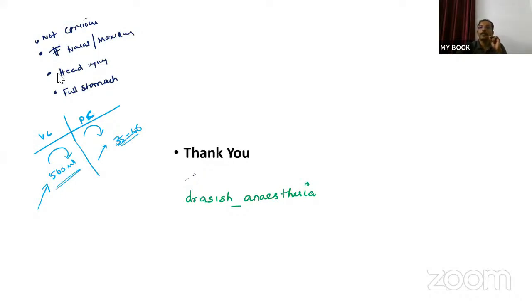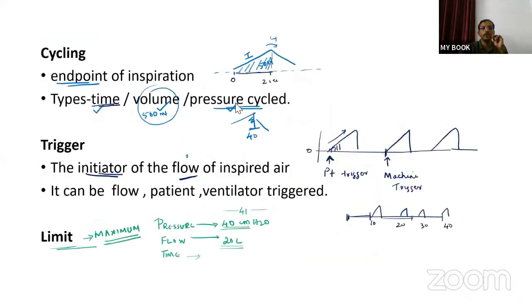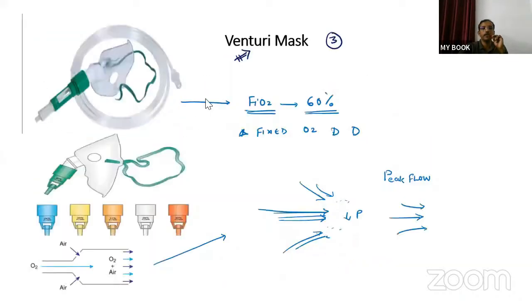Why does a Venturi mask have different colors and what do they indicate? Dr. Roshni, if you look into the slide, I'll show you. Yeah, this is the slide. See, on every mask, there is a particular percentage of FiO2 written.